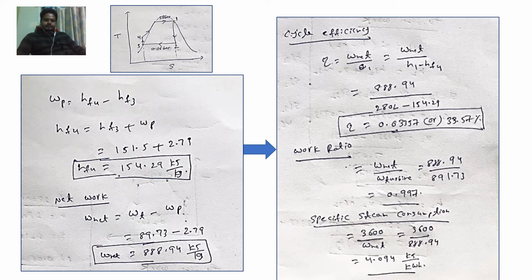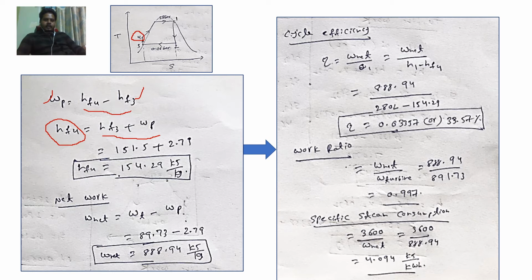Now the work input to the pump equals HF4 minus HF3. From this equation, we can find the enthalpy of the fluid at point 4. On the TS diagram, this is point 4. Now HF4 equals HF3 plus the work input to the pump.